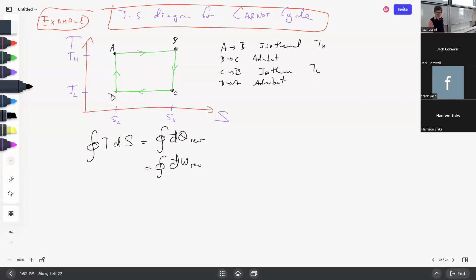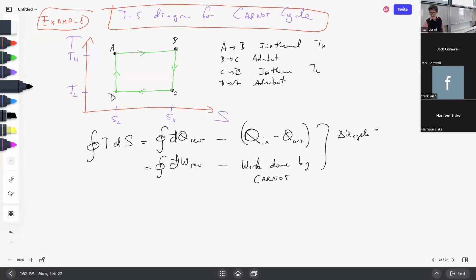So it gives you Q in minus Q out, and it also gives you the work done by Carnot. Okay, and this is the conservation of energy: dU over the cycle is 0. Okay, so there it is.